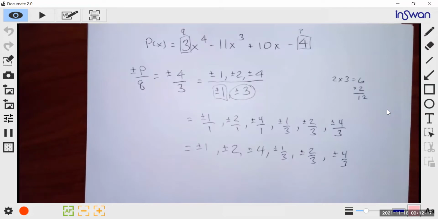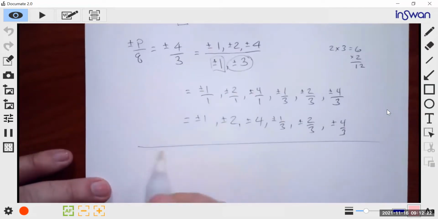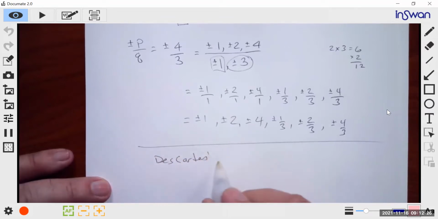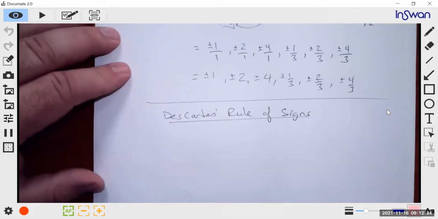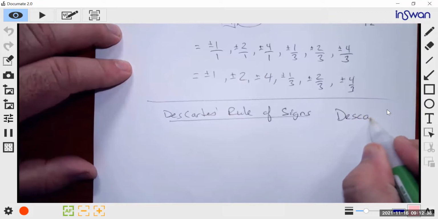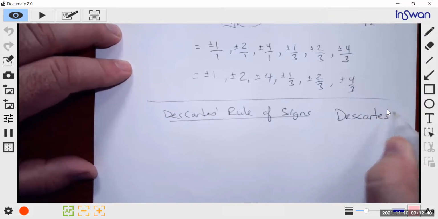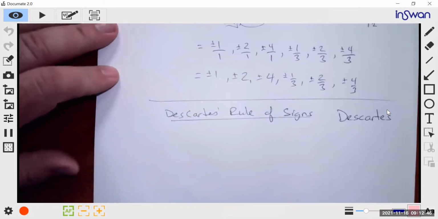There's another method: Descartes' rule of signs. Remember Descartes? He's the one who invented the X and Y axis, the Cartesian coordinate system.